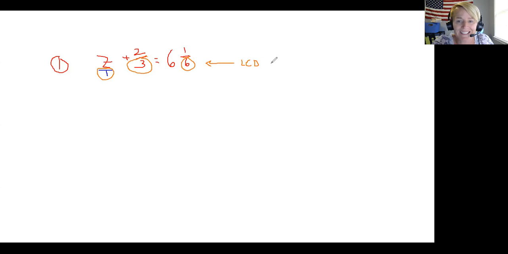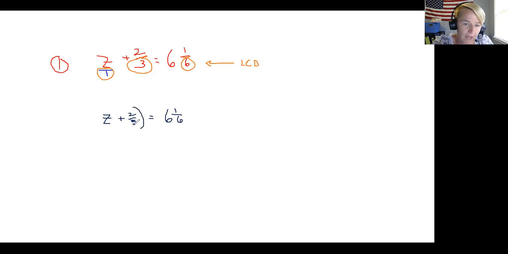So 6 is the number that I'm going to use to clear my fraction. Let me show you what that looks like. If I rewrite my problem, I have z plus 2/3 equals 6 and 1/6, and I want to clear my fraction.